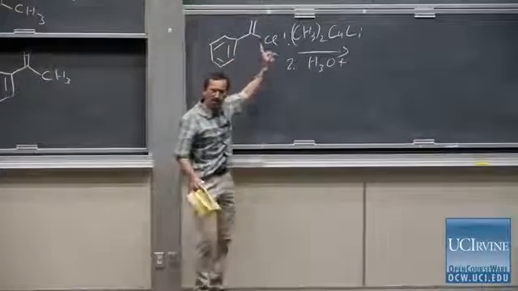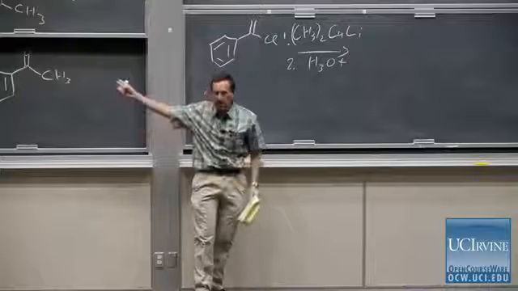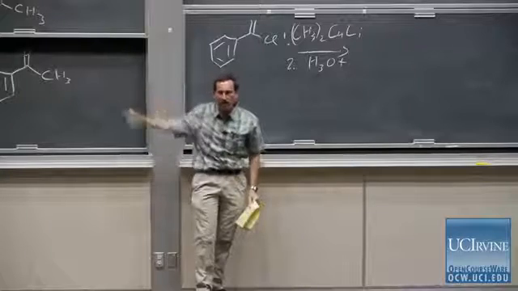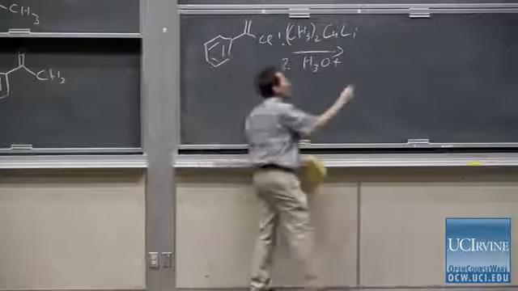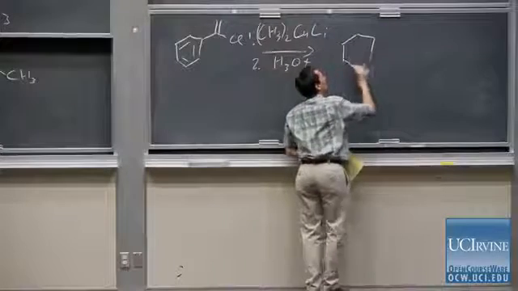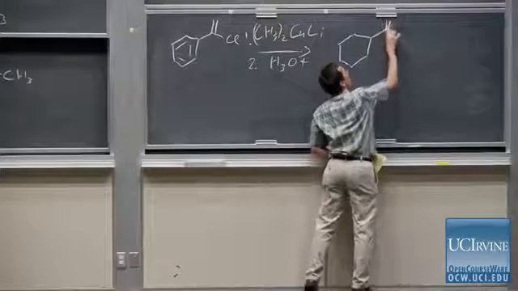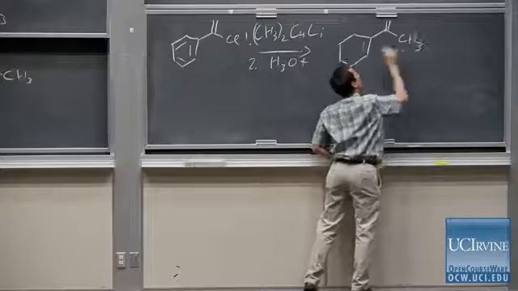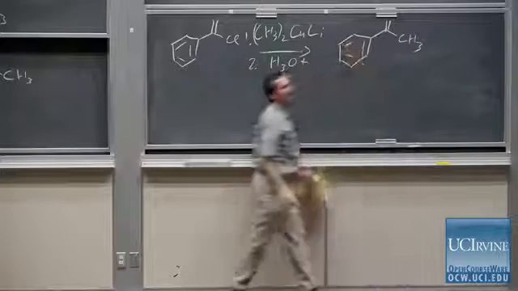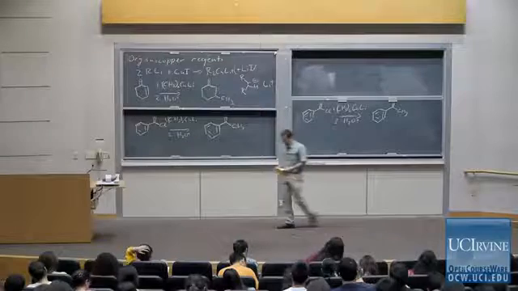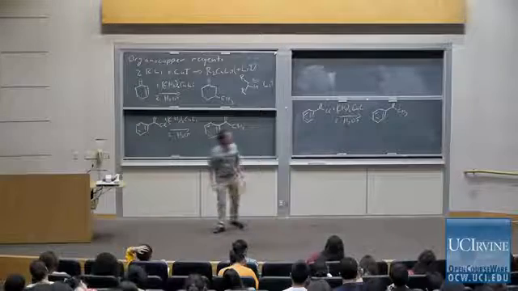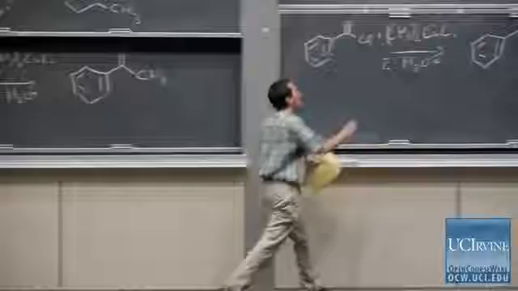And yet, something very much akin to what I've written on your left-hand blackboard occurs on your right-hand blackboard here, where your cuprate reagent does indeed react to form a carbon-carbon bond. And that's special, and that's weird.